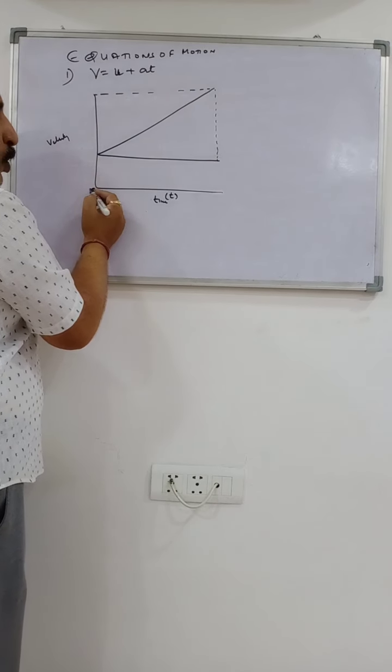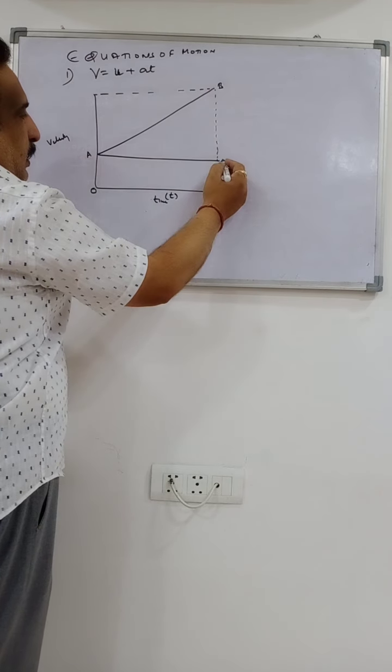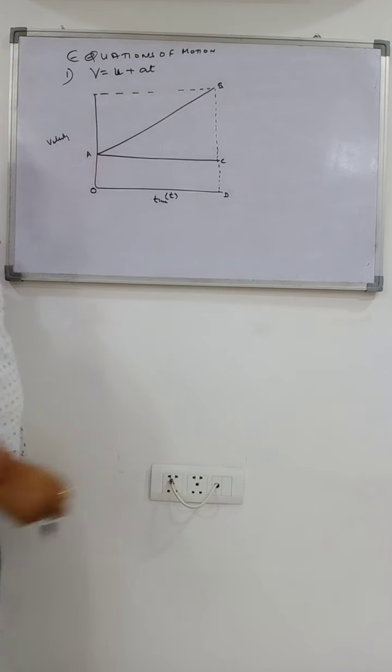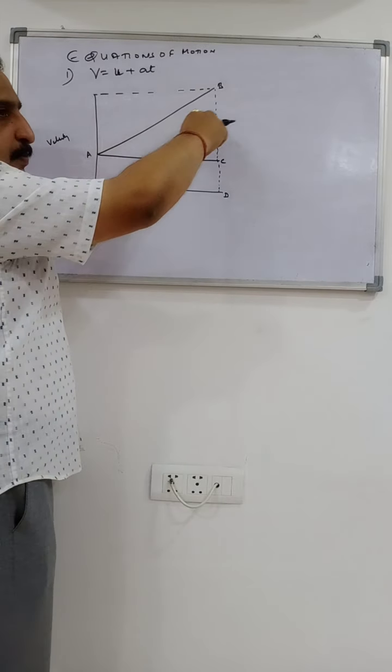This is point O, A, B, C, and D. Now, which is the curve? Curve is AB.